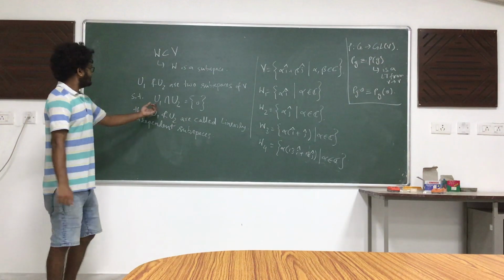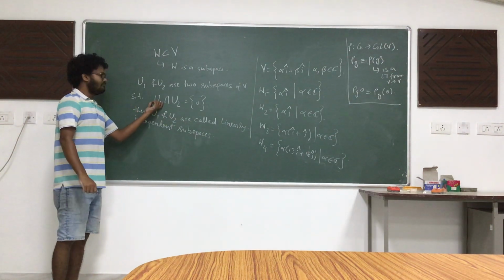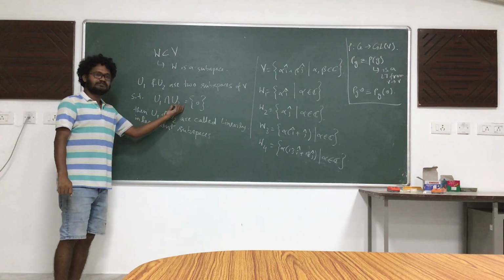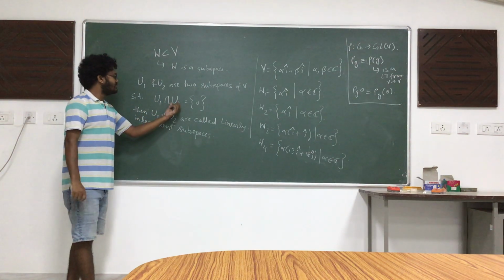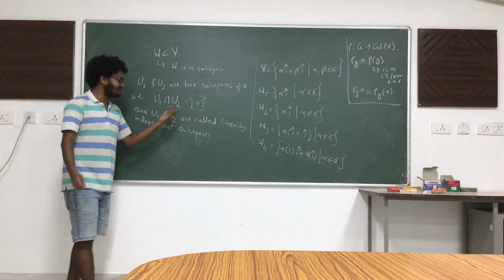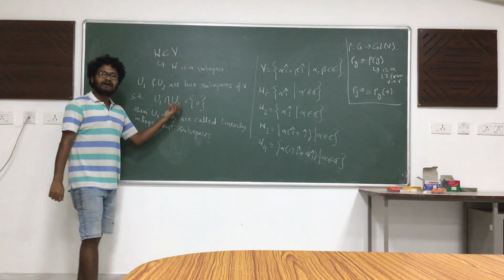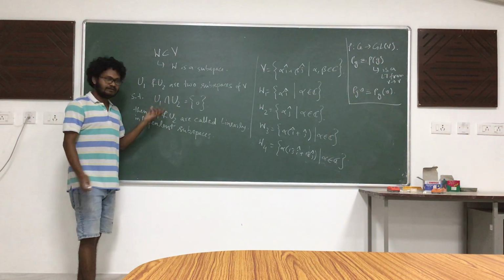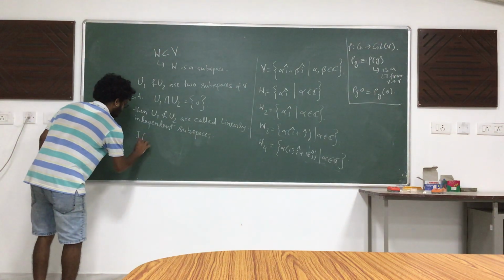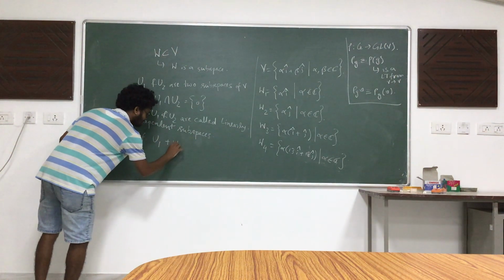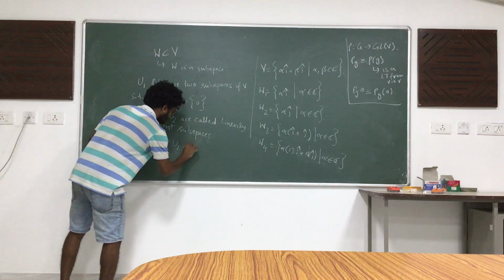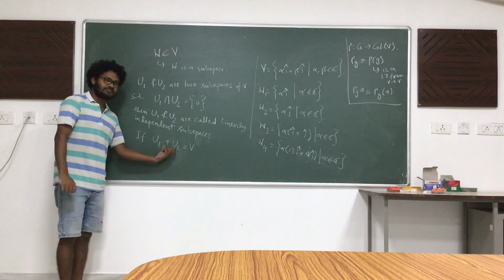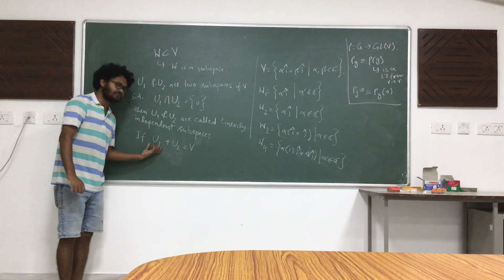Why? Because any vector from U1 cannot be written as a sum of any vectors from U2, right? Because U1 does not contain any vector other than the 0 vector from U2, and U2 does not contain any vector from the subspace U1. And let us say U1 plus U2 is V. That means all possible additions of vectors from U1 and U2.